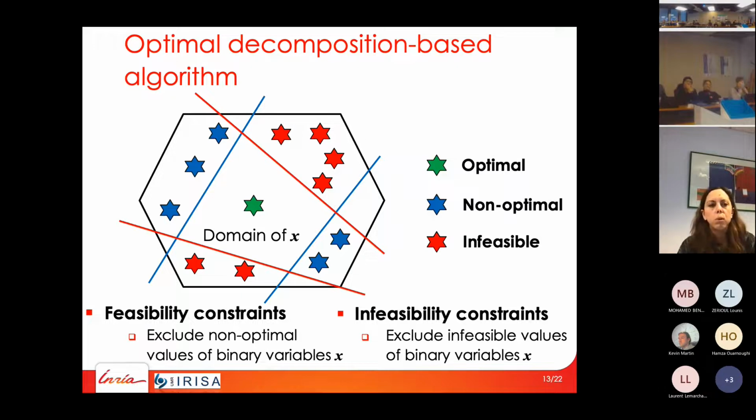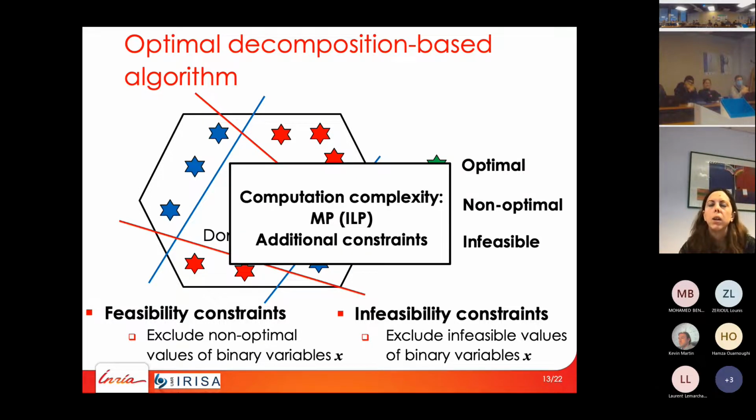So yeah, although with this decomposition-based approach, we are able to reduce the computation time compared to when we are solving the problem completely, still we have a computation complexity, and this comes from the solution of the master problem, which is an ILP.